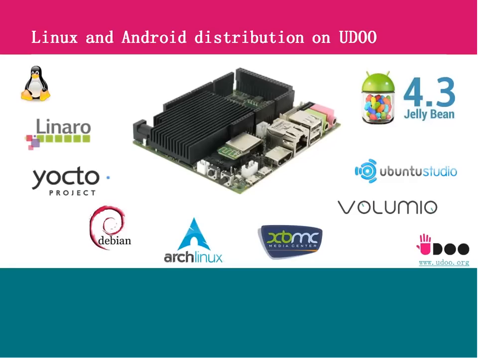And we integrated all the development toolkits that you may need, but you can also find Debian, Arch, Linaro, both in minimal style and with graphical interface. Then we have XBMC for media player, Volumio, which is an audio player. Then we have Ubuntu Studio for multimedia production, and of course, Android.